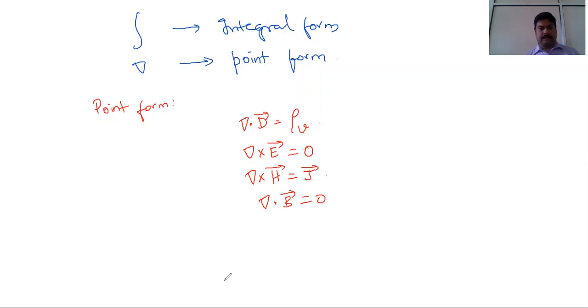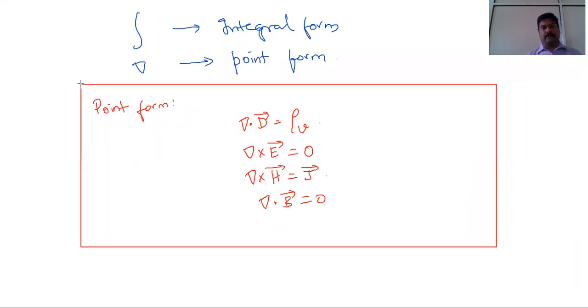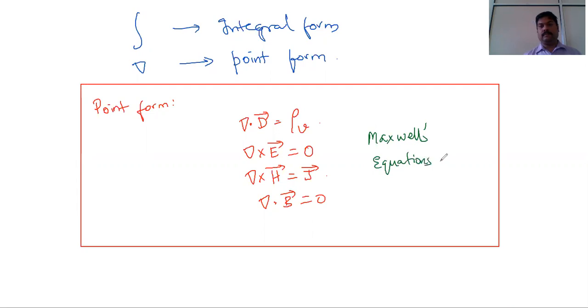Now, these 4 equations combined together form Maxwell's equations in point form. The point form means you have a del operator attached to it.